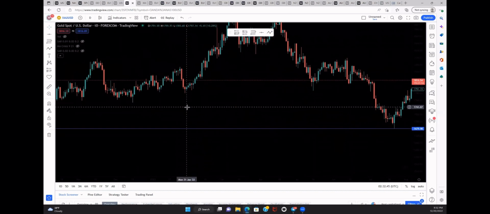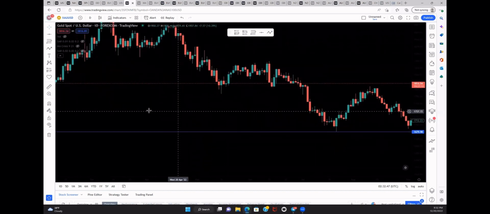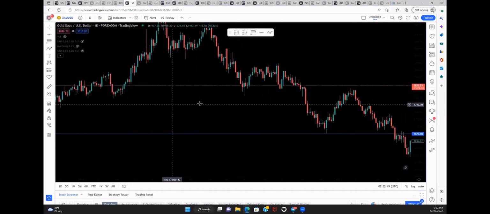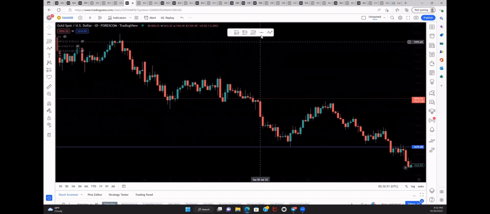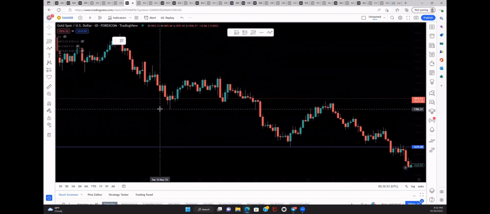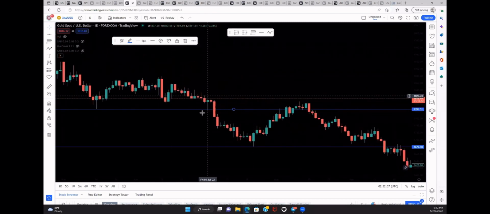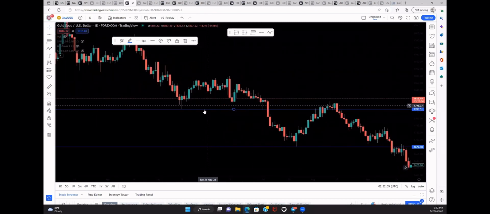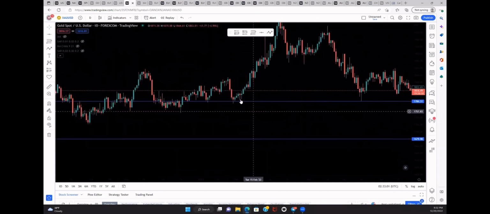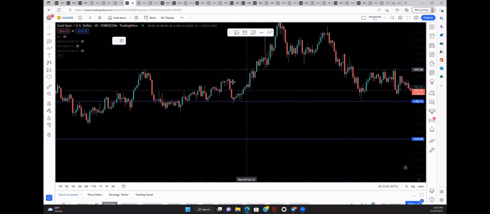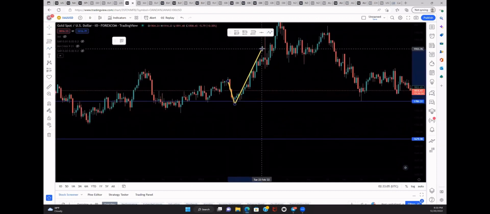Now let's look for another rejection wick. I like this one right here. So let's do this one. This is a nice rejection wick, pretty clear. And off rip, you can see another rejection wick off the same level. Coincidence? No. Looking to the left again, look at this. Strong support level. Boom.